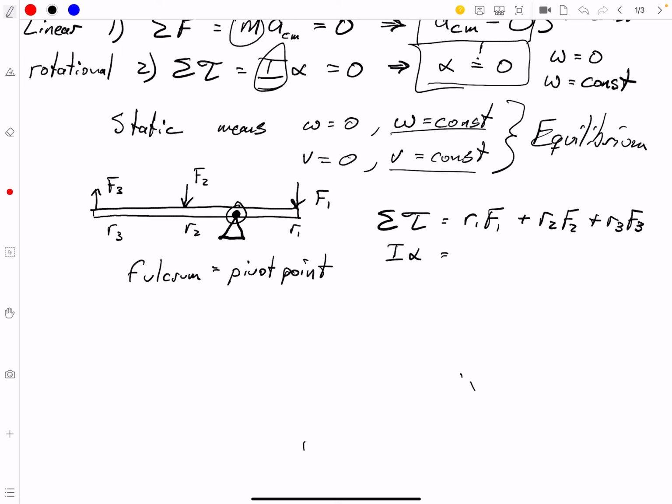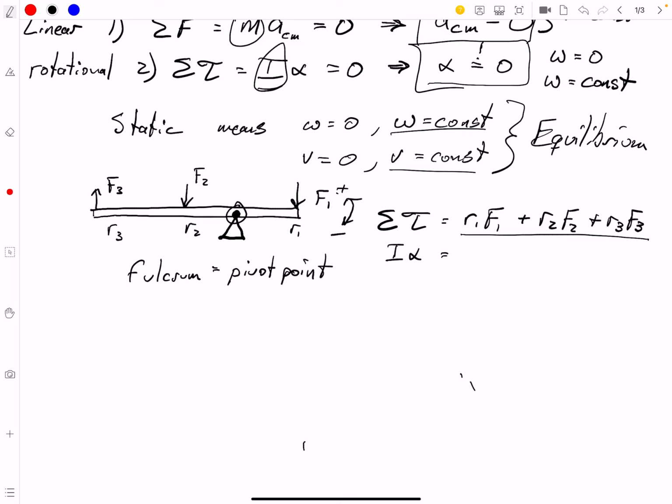If there's actually something here, if it's not equal to 0, because all of these could end up equaling 0, if you define your coordinates to be, let's say, negative this way and positive that way, then R1, F1 is negative.